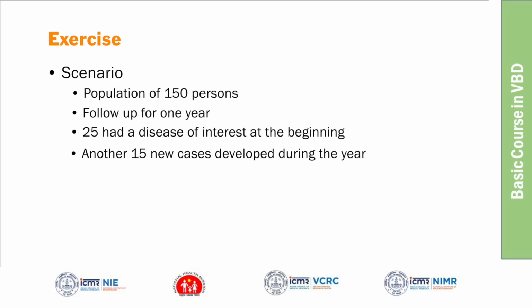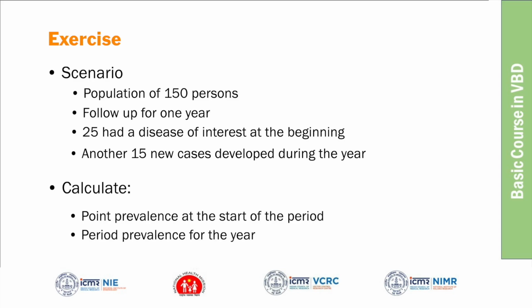So let me give you another exercise. Kindly calculate for this scenario. There is a population of 150 persons. I am following up this population for a period of 1 year. To begin with, my initial survey found that 25 individuals had a disease of interest to me. Over the course of the next 1 year, another 15 new cases developed for the same disease.